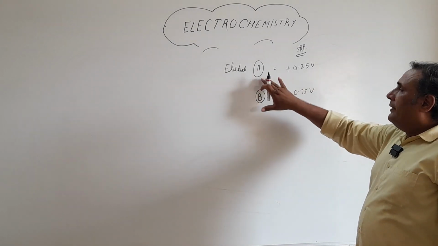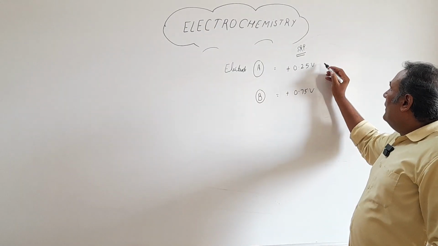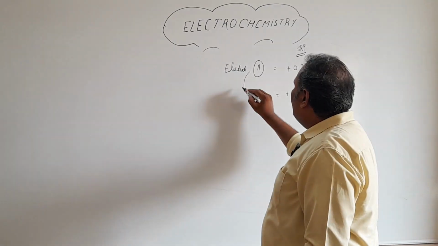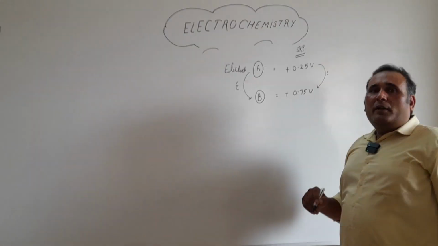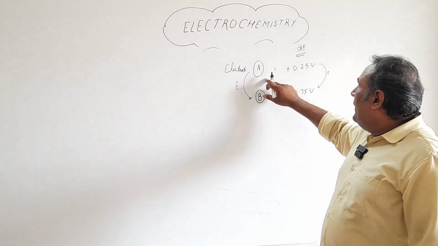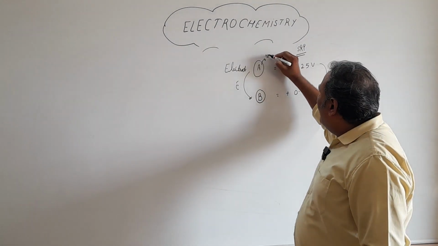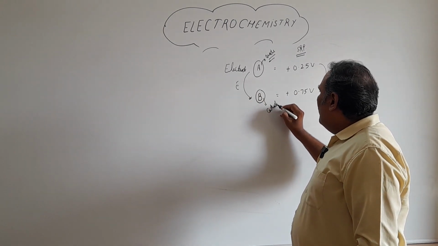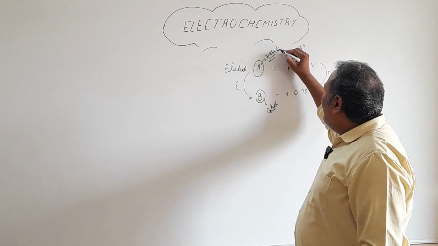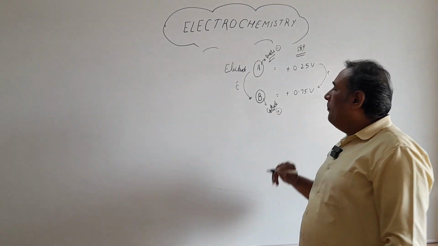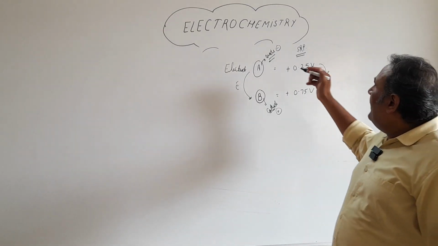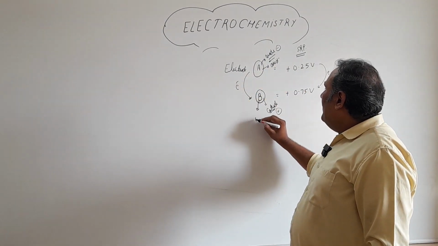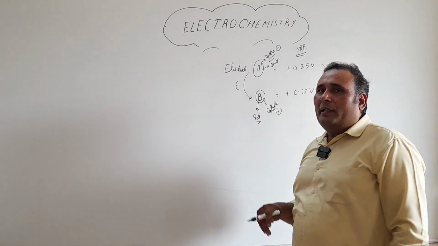Which one is low? Yes, A has low SRP. So electron will move from A to B. Electrode A becomes the anode and B becomes the cathode. A is negatively charged and B is positively charged. At A oxidation takes place and at B reduction takes place.